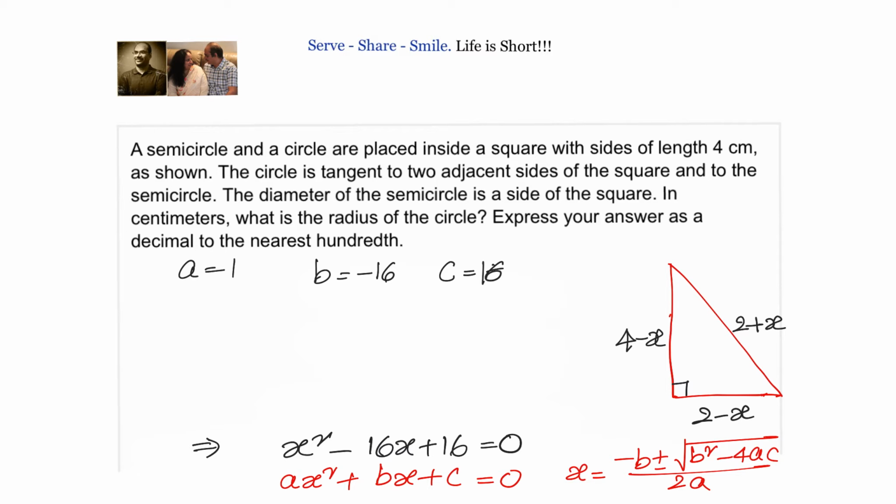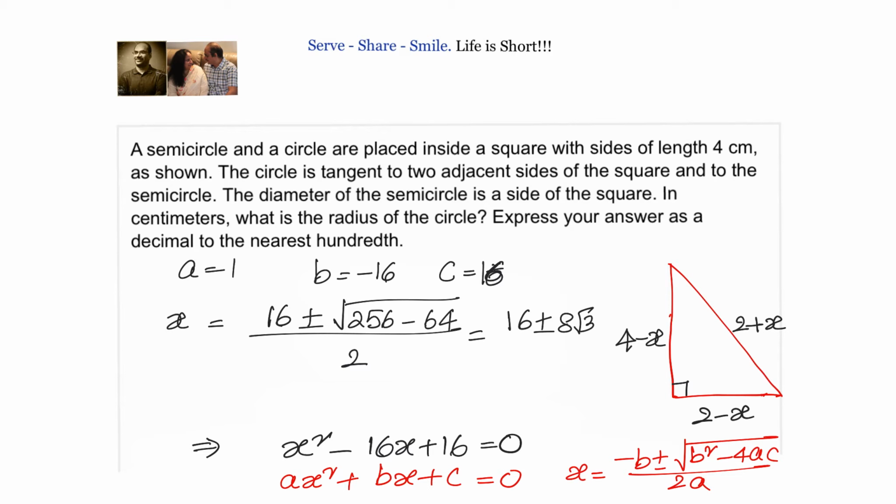So let's apply the formula. We have x equals minus b, that is 16, plus or minus the square root of b squared, 256, minus 4ac, that is 4 into 16, 64, divided by 2a, which is 2. This will be 16 plus or minus the square root of 192, which can be written as 8 root 3, divided by 2, which equals 8 plus or minus 4 root 3.